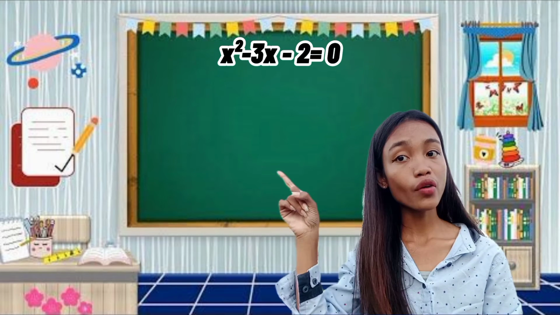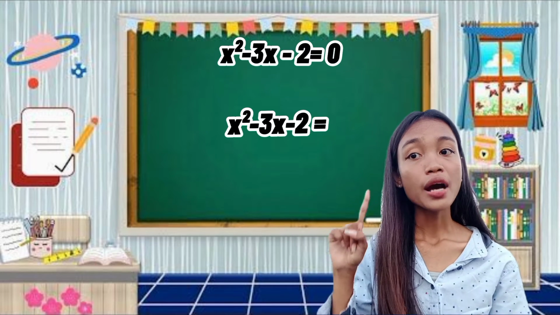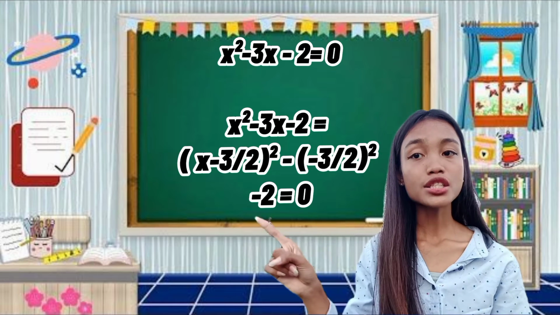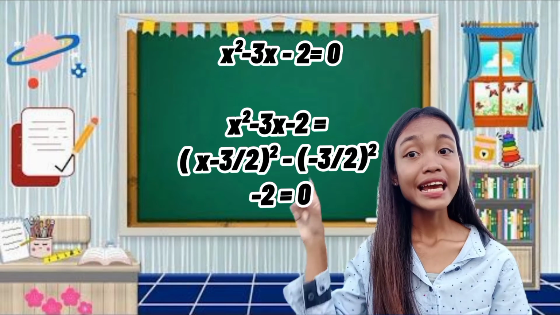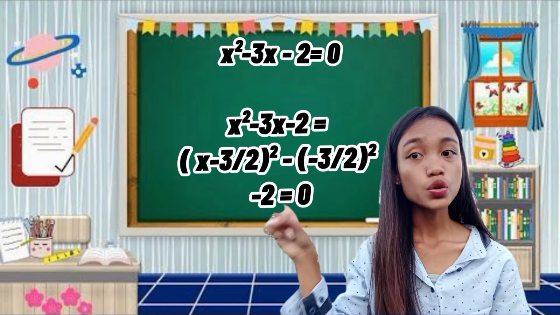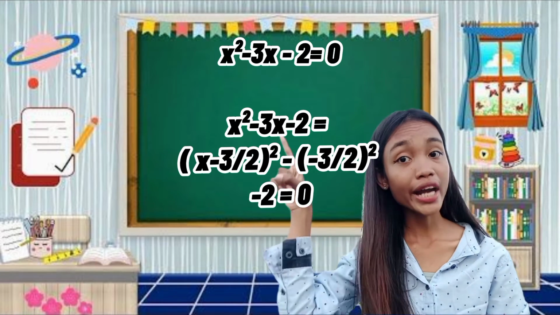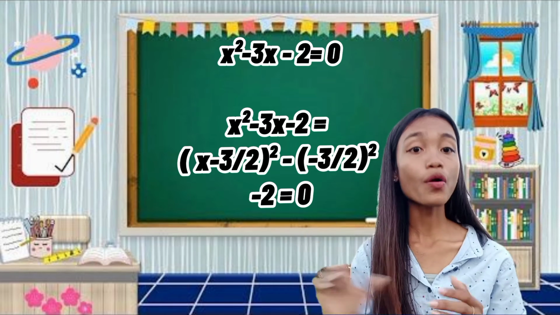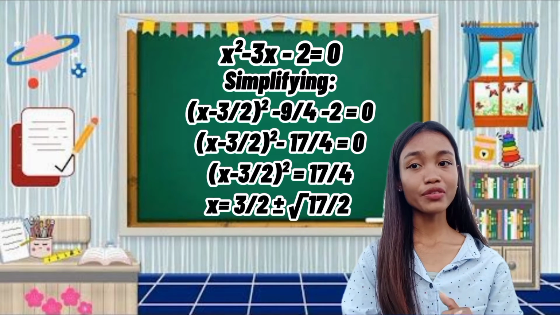So the quadratic equation can be written x squared minus 3x minus 2 is equal to x minus 3 halves squared minus negative 3 halves squared minus 2 is equal to 0. So we are going to simplify them.